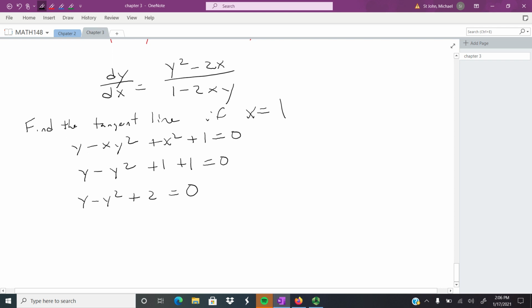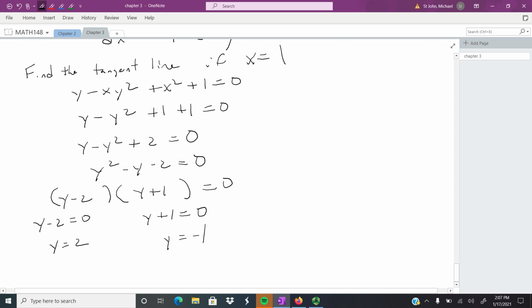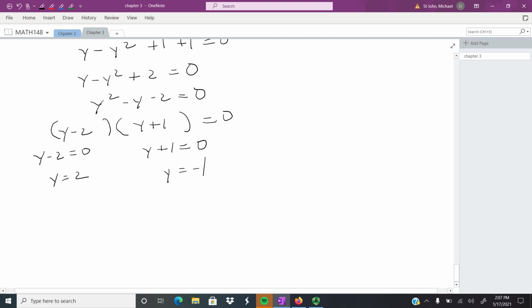And this would be the same thing as y squared minus y minus 2 equals 0. So really I just multiply everything by negative 1. This could be factored. So we're going to get a y minus 2 and a y plus 1. So y minus 2 equals 0, or y plus 1 equals 0. So this will give me 2, and this will give me negative 1. So now we can go through and figure this out.